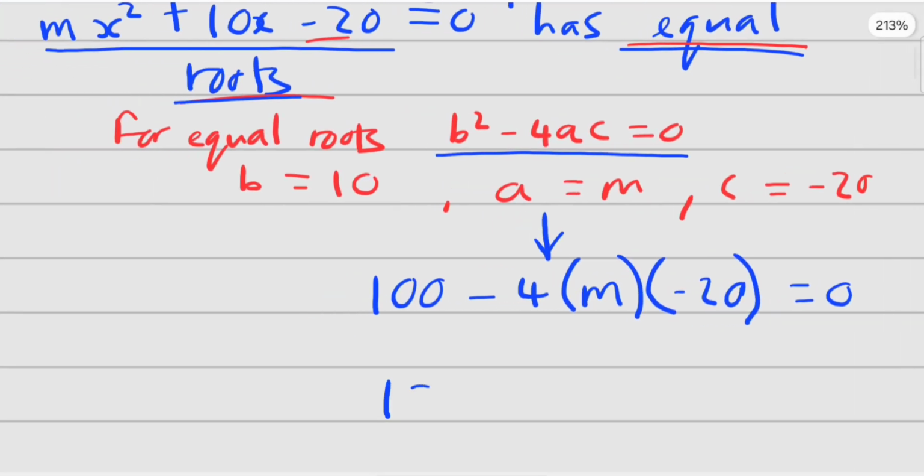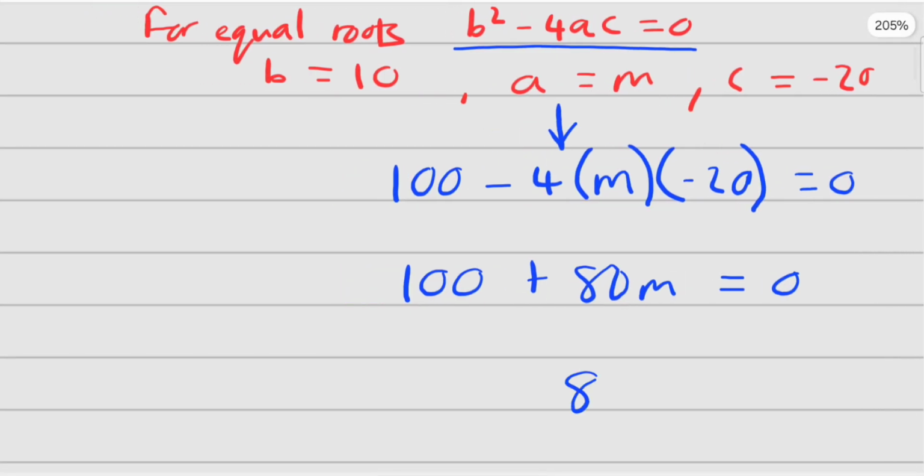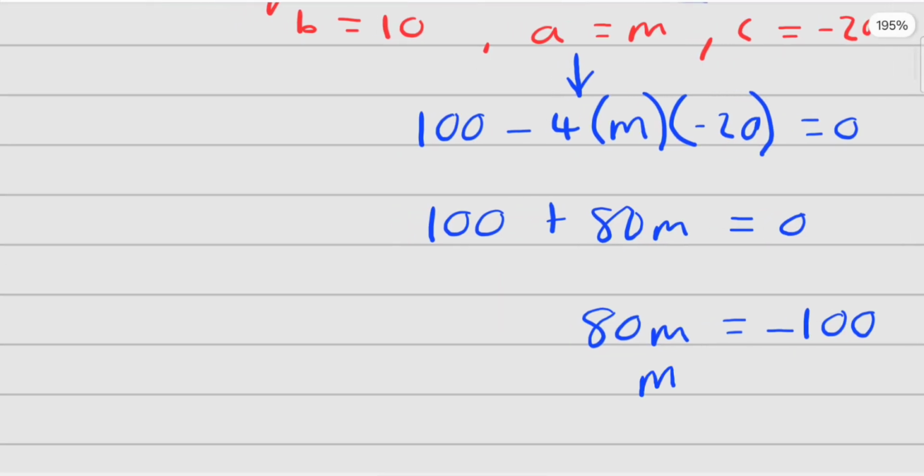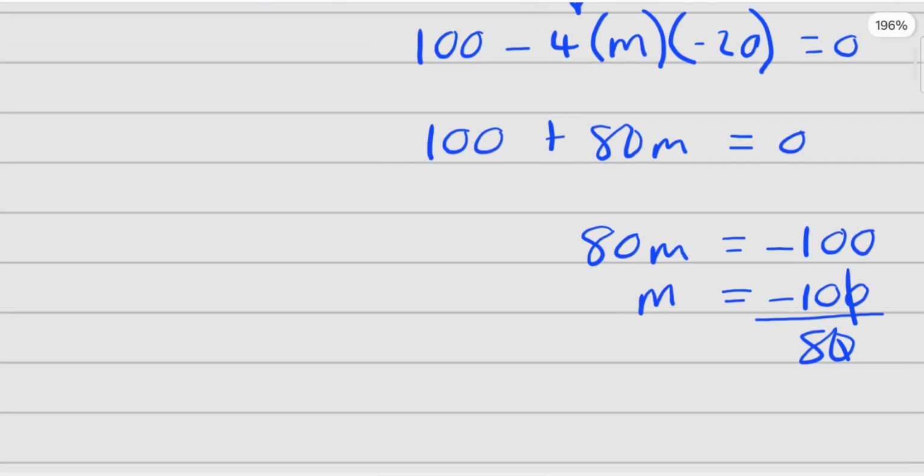Now this comes down to 100, right, plus 80m equal to 0, like that. And this will give us 80m equal to minus 100. And our m will be equal to minus 100 over 80, like that, right?